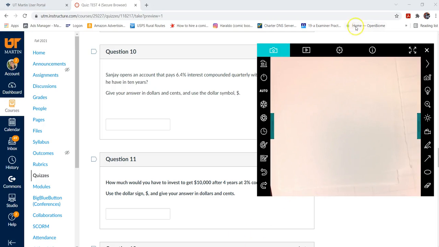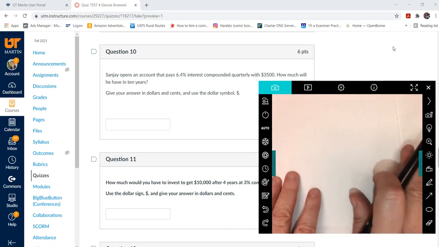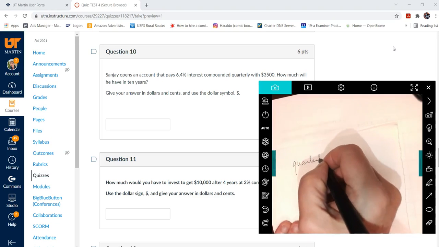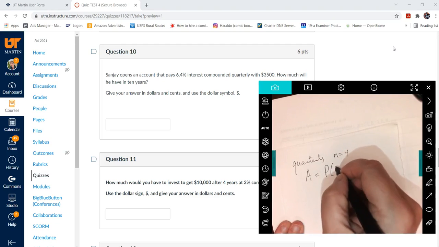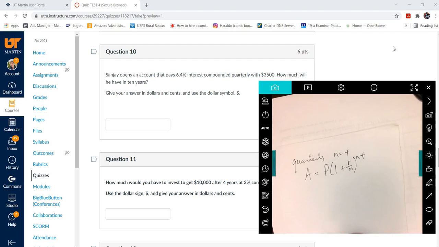Okay. This next one, it's compounded quarterly. So n is equal to 4, and the formula I need is that. Okay.